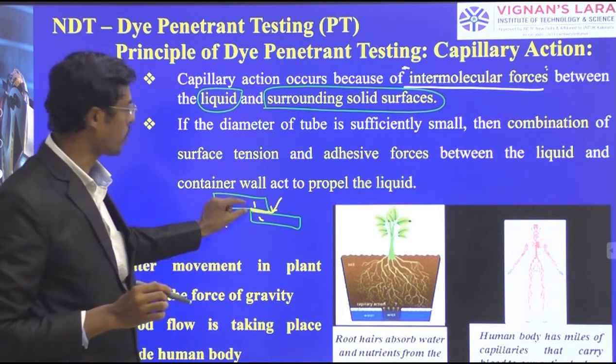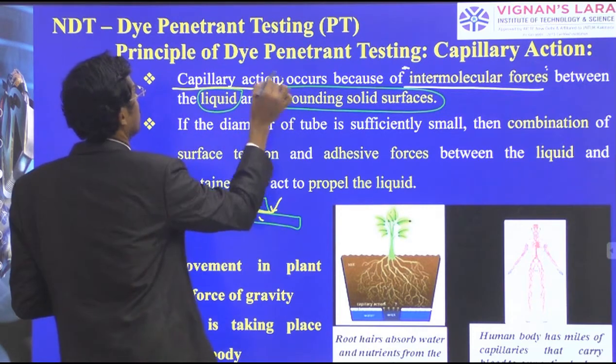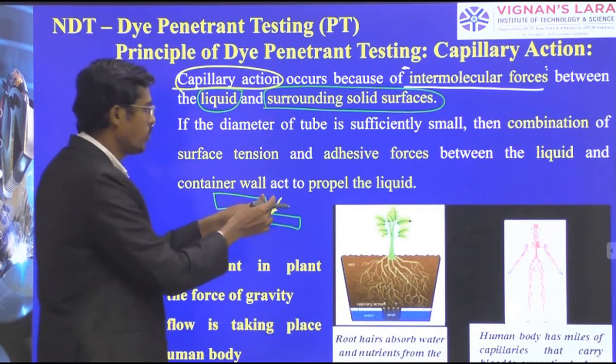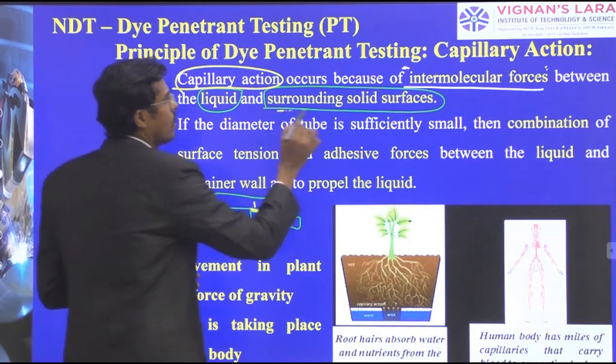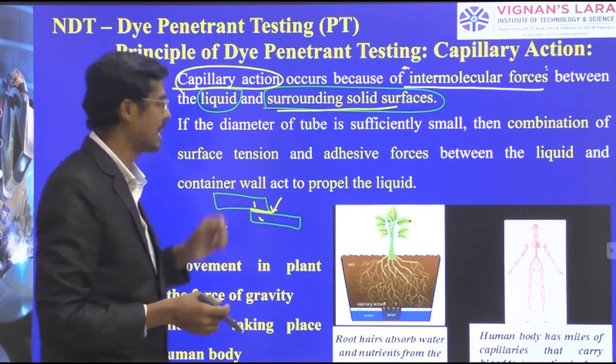So this process takes place by capillary action with respect to the intermolecular force between the liquid we have melted with the soldering gun and the surrounding solid surfaces of the sheet. So capillary action takes place.